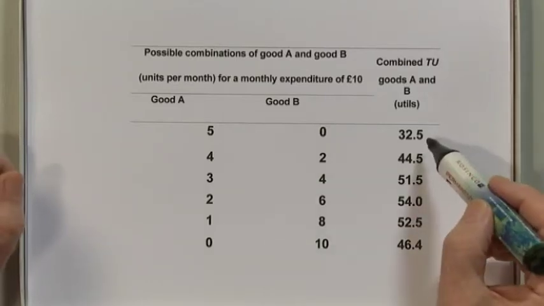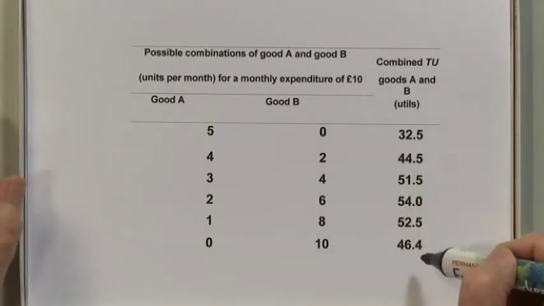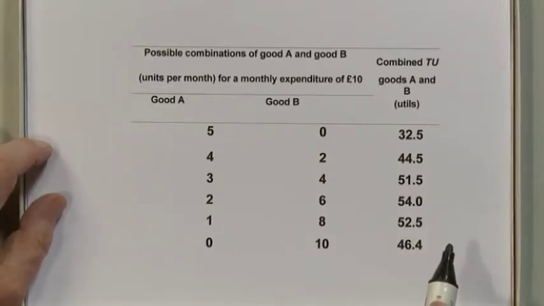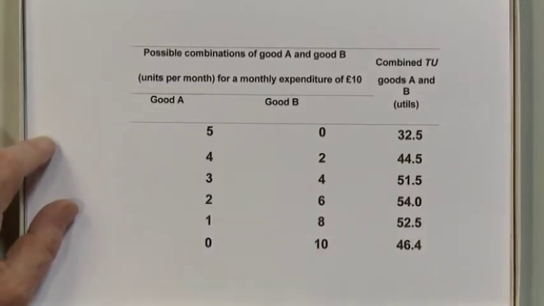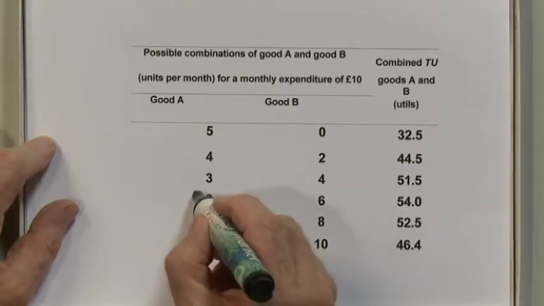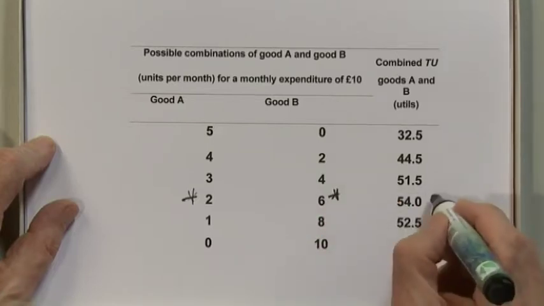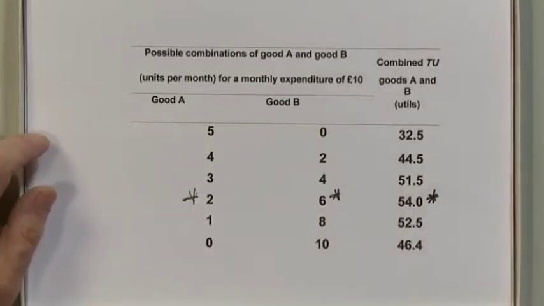And what I've got here is the total utility that you'd get with all these varying combinations, which suggests that the optimum combination for you is to buy 2 of A and 6 of B and get 54 degrees of utility.